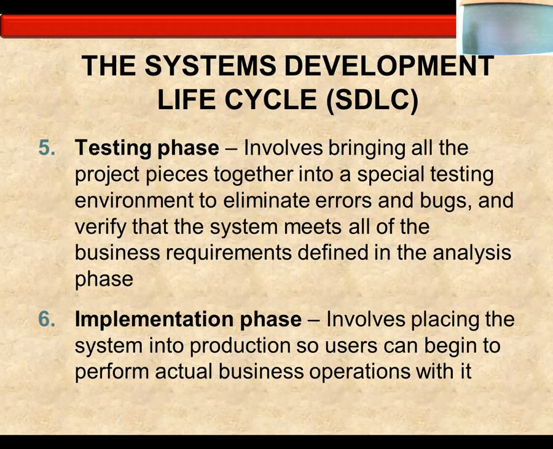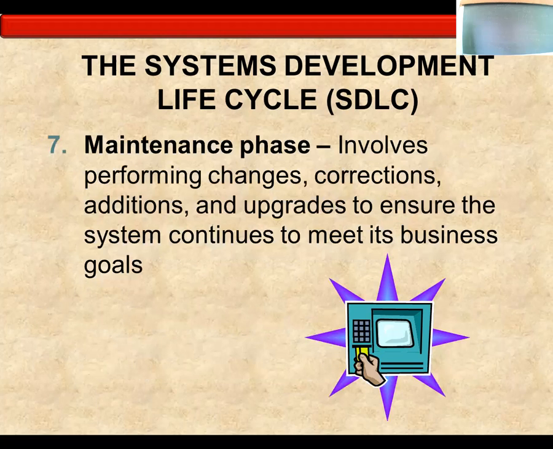Now it's time to implement that project into the user environment. The user environment means where that project is actually going to be used. So the implementation phase involves placing the system into production so users can begin to perform actual business operations with it.